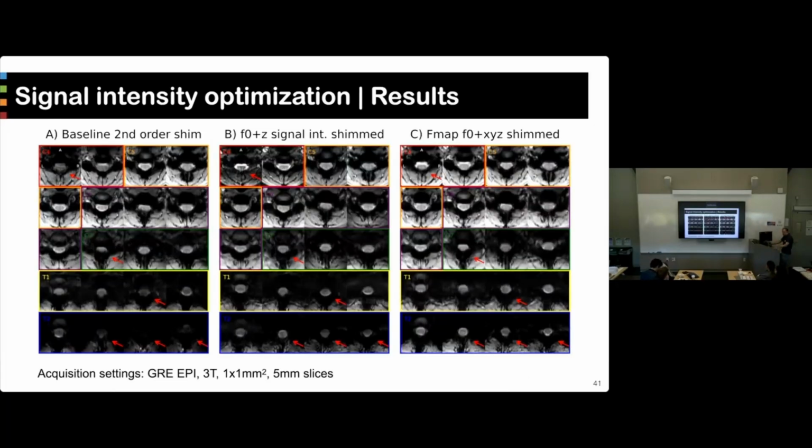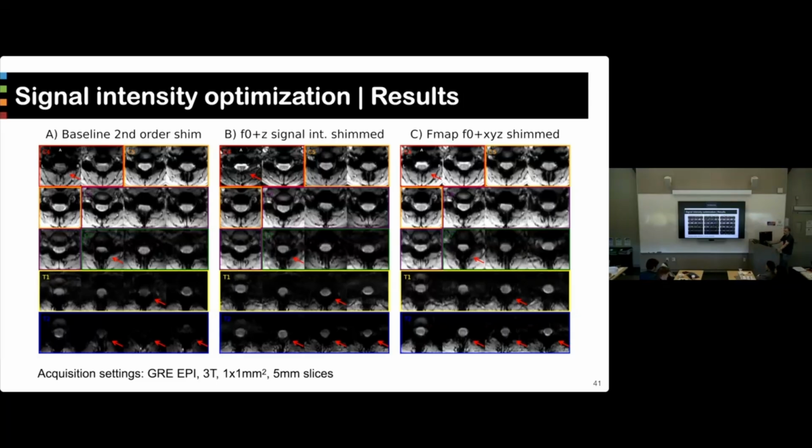So again, we're at the beginning of this. What you can see on the left is a single participant. On the baseline, you can see your typical EPIs that you're used to seeing, where signal loss is present at the bottom, a little bit at the top, and in the middle is the signal intensity-based F and Z that I've been showing, and you can see some pretty good improvement.